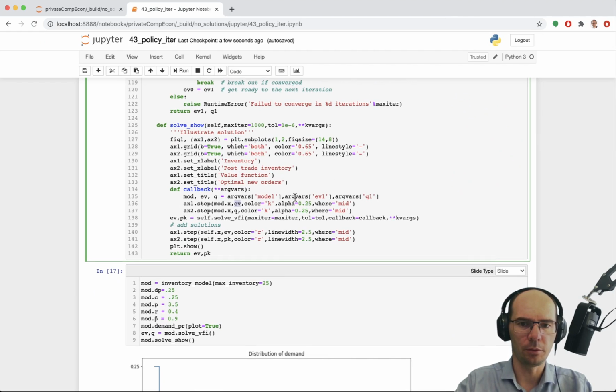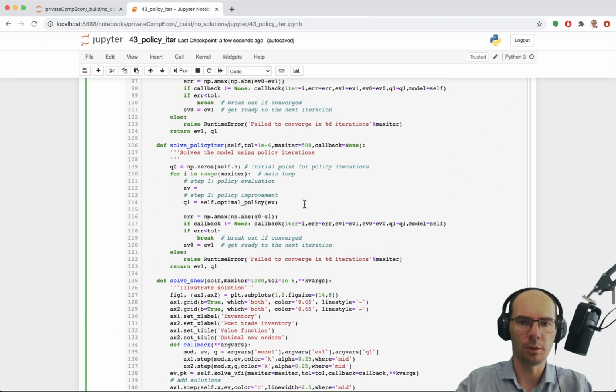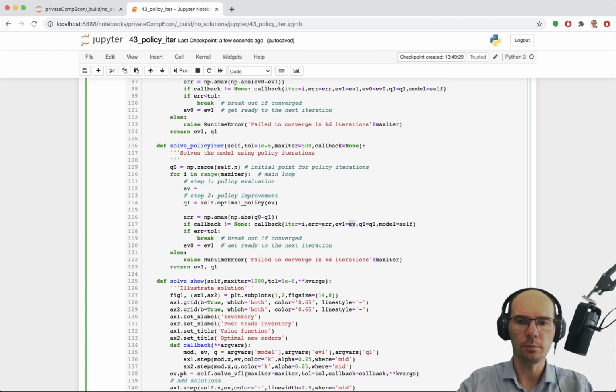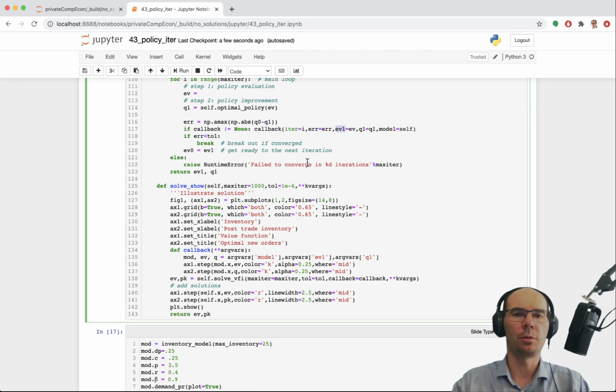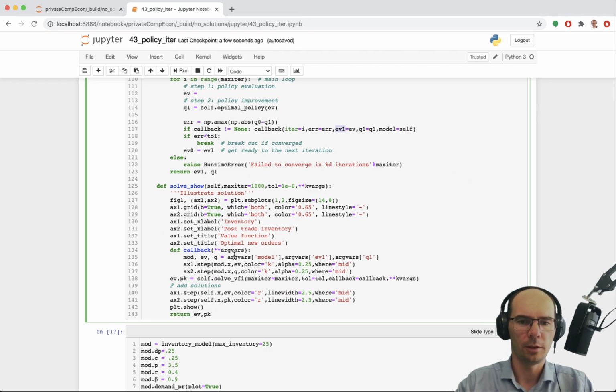We're plotting EV, and this is EV1. So here EV0 is not going to exist. I'm going to call the expected value that we compute on each iteration EV1, just to keep the plotting function the same. So we want Q1 and EV1. Model self error, that's all good.